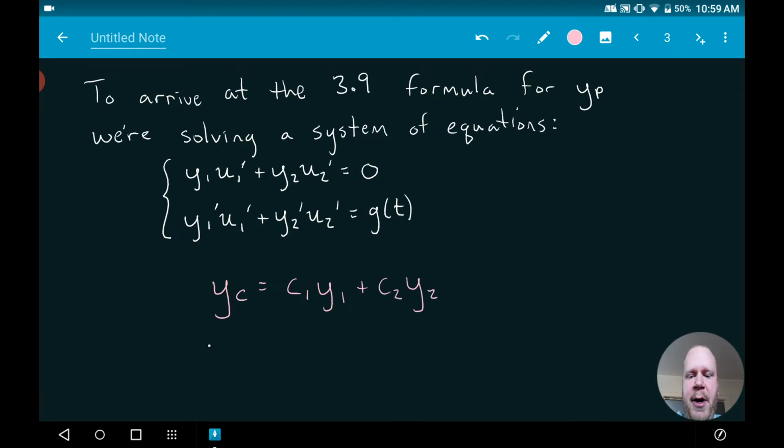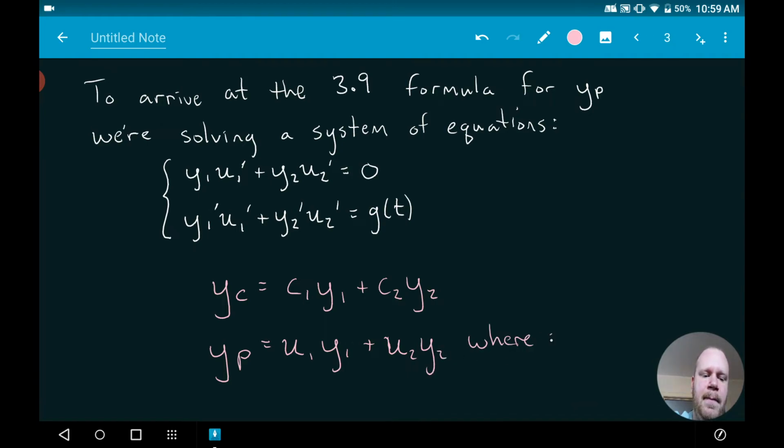And so the thought with this method is, what if we take our particular solution and instead of calling it C1y1 and C2y2, what if we have some functions, u1 and u2? u1 and u2 are functions.